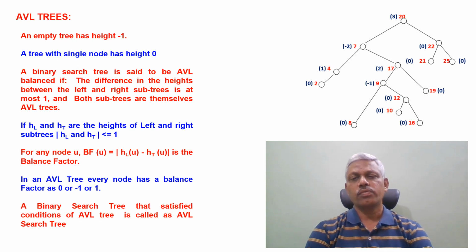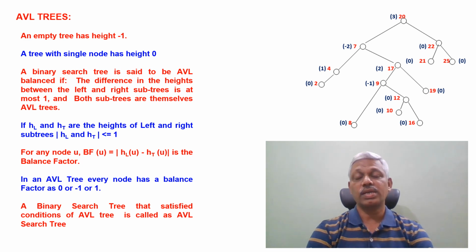So clearly we can observe that there are 3 nodes, 7, 20, and 12, that are not balanced. All the remaining nodes are in balance, but these 3 are not balanced. So it's not an AVL tree. In an AVL tree, every node should have a balance factor of -1, 0, or 1 only.